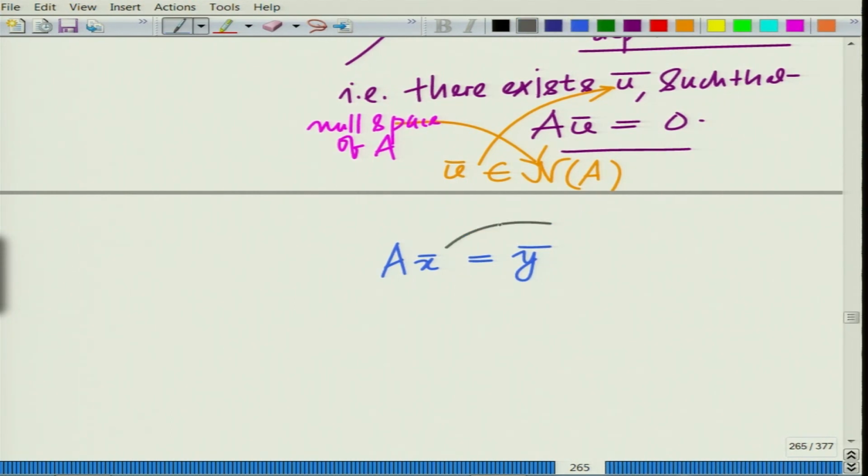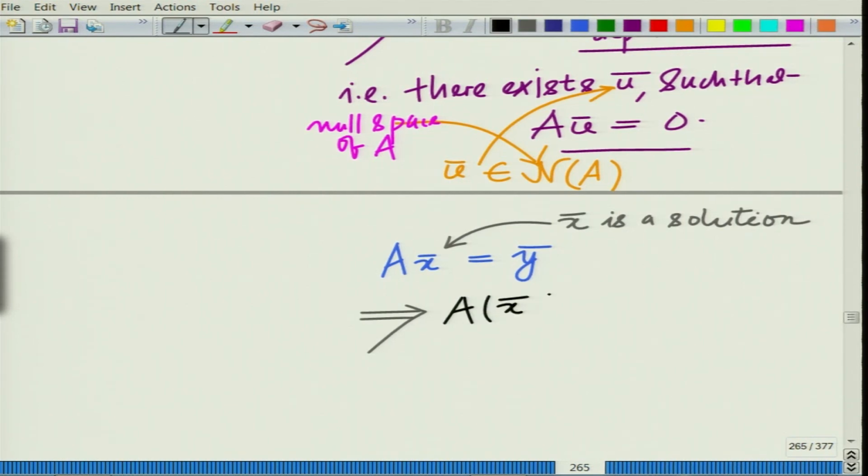This implies A times x bar plus u bar is equal to A x bar plus A u bar.